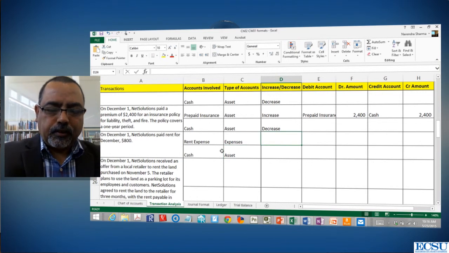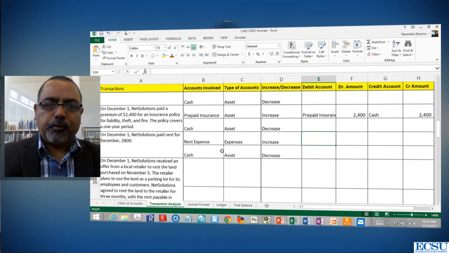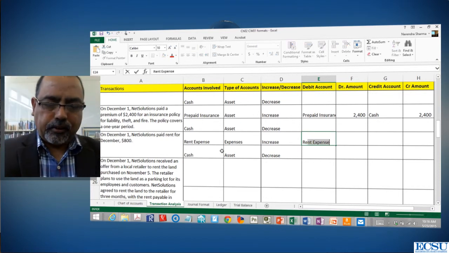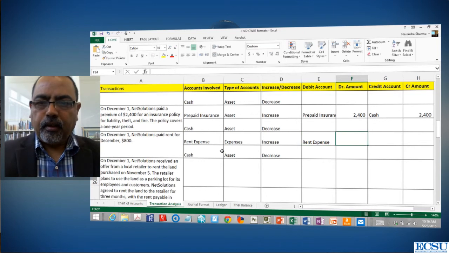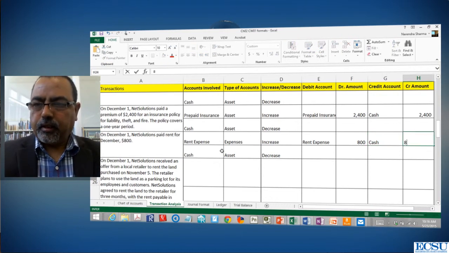Rent expense is increasing, cash is decreasing because I'm paying it. The debit account would be rent expense, because if expense increases, I need to debit. So rent expense debit with what amount? 800. And cash would be credit with 800.